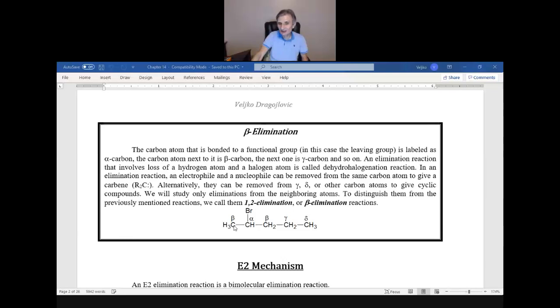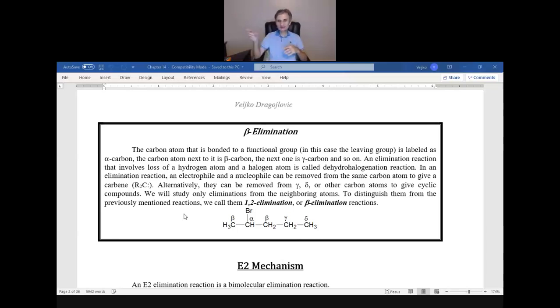We could have, of course, up to 3 beta carbons. Sometimes we may have only 1 beta carbon. And then any carbon attached to the beta carbon is gamma, any attached to gamma is delta, and so on. So we follow the letters of the Greek alphabet. This is sometimes even used in naming. Of course, you don't need to use it in naming. If the chain is long, then you don't need to know the entire Greek alphabet and figure out what is the 16th, 17th letter of the Greek alphabet.